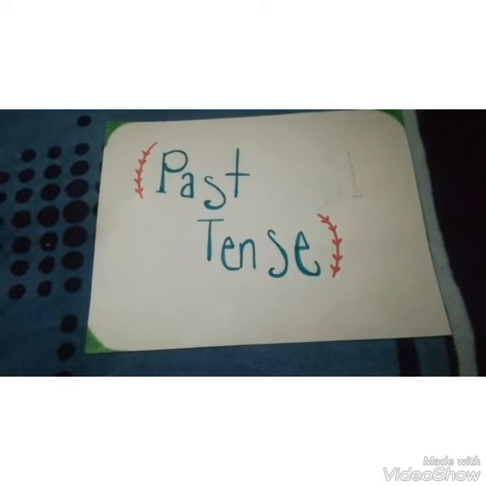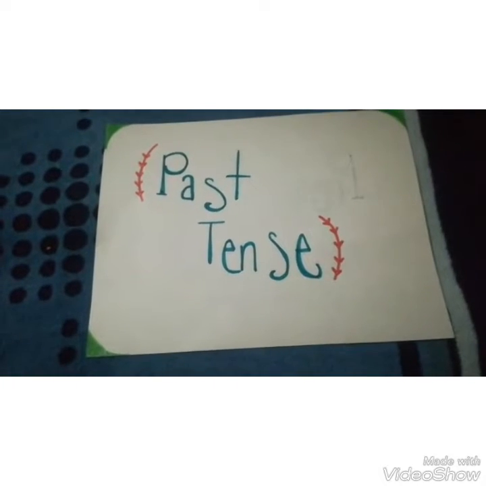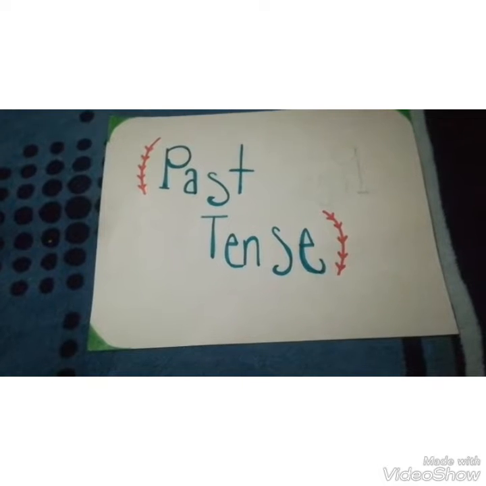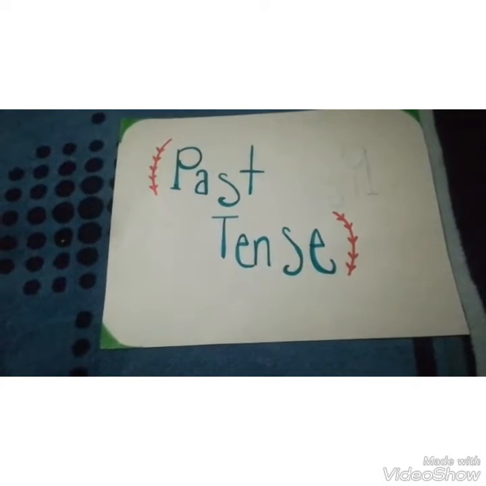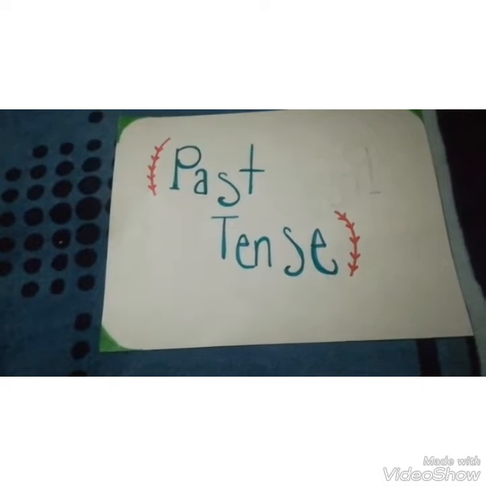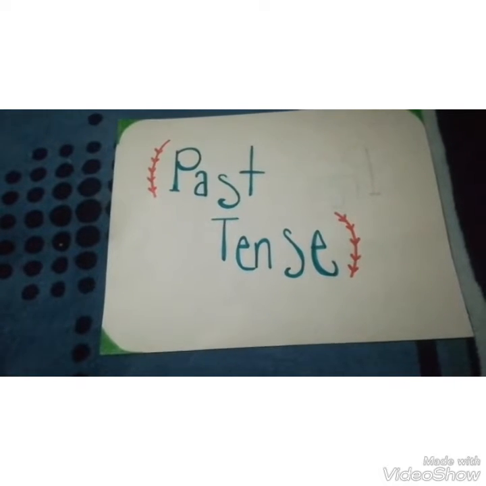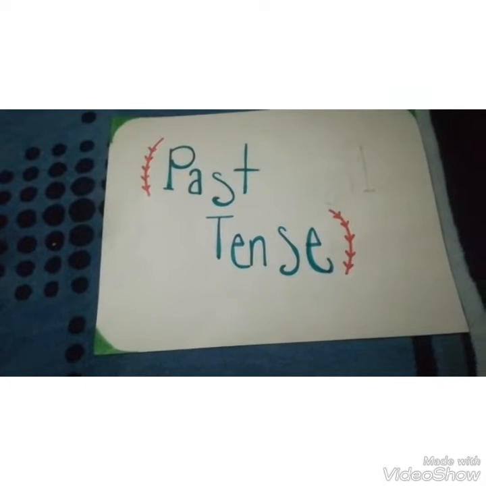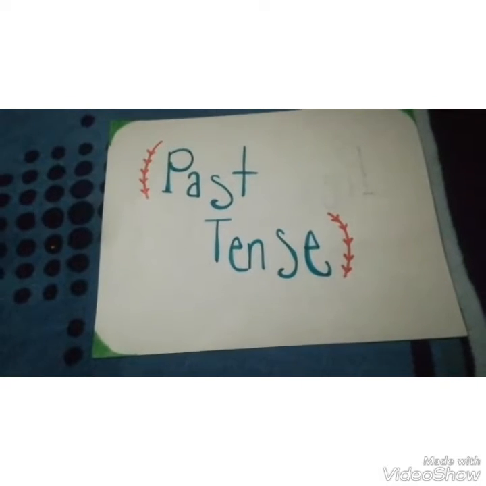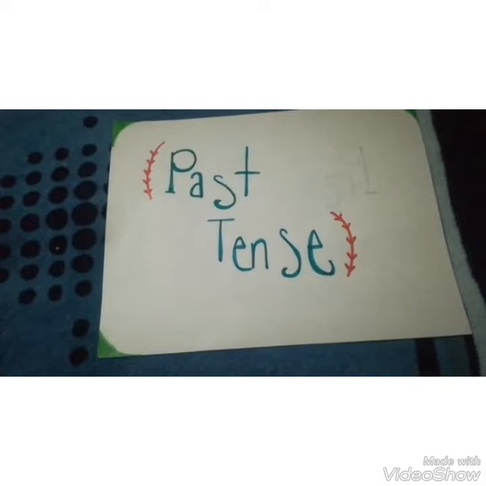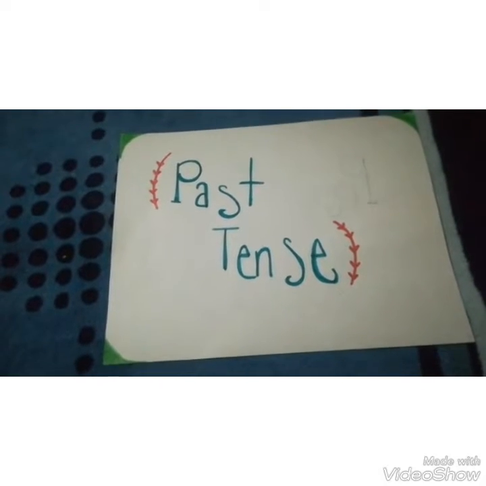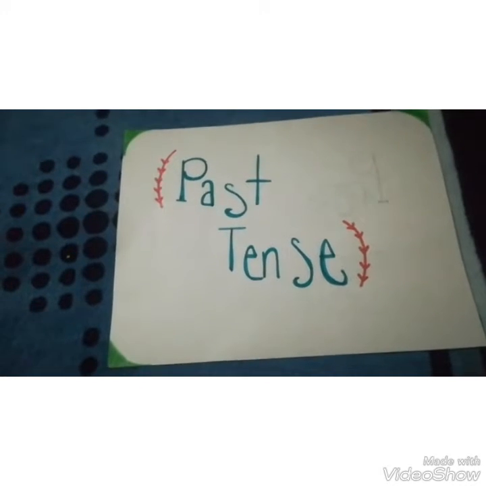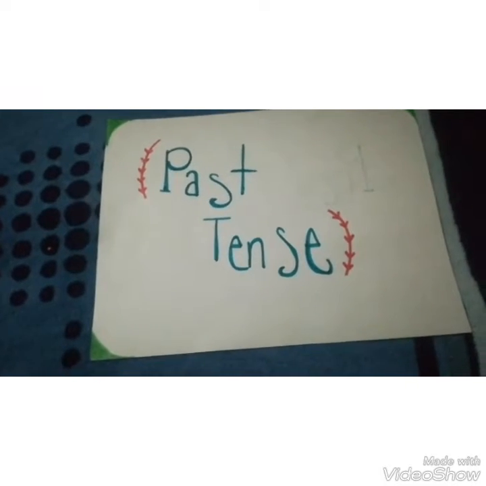We will talk about how to form sentences in the past. As you know, the simple past is one of the most used verb tenses in English, along with the simple present and the present continuous. The simple past has three ways to form a sentence, which are the affirmative, negative, and interrogative.